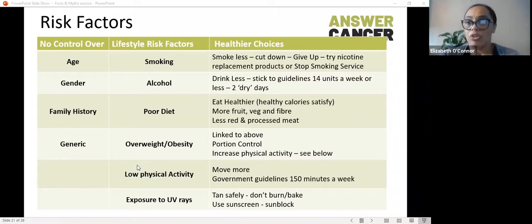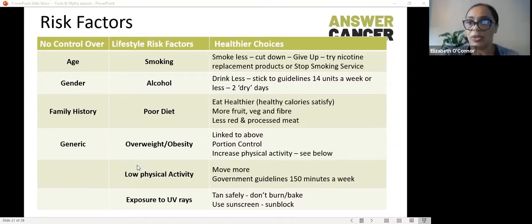We know that there are certain genes within families that can increase our risk of getting cancer. Men with a first degree relative who has had prostate cancer can be more at risk of getting prostate cancer. And women who have had a first degree relative with breast cancer or ovarian cancer are more at risk, because there could be a gene that can be passed on called the BRCA gene.